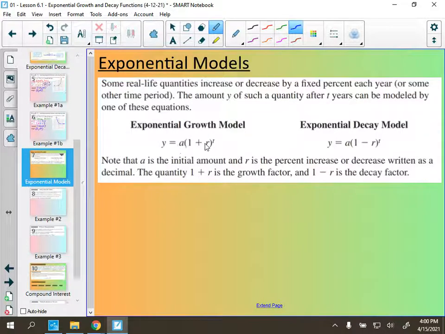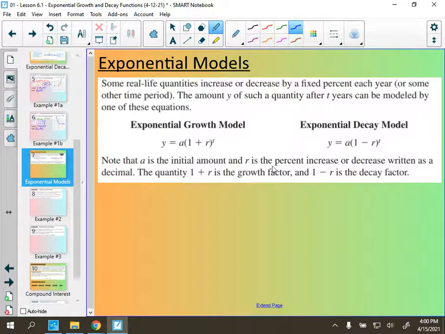And then what are these other numbers here? a, that's our initial amount. Well, how much did we start with? I invested $5,000 and it grew at 2% every year. Okay, well, that's my initial investment, my initial amount. Or the population was a certain amount of people or animals, bacteria. And r is the rate, the percent increase or decrease.